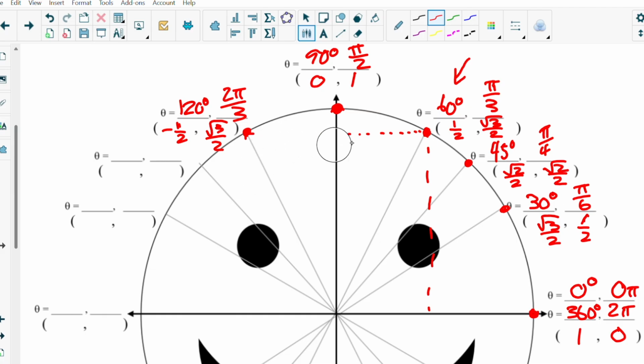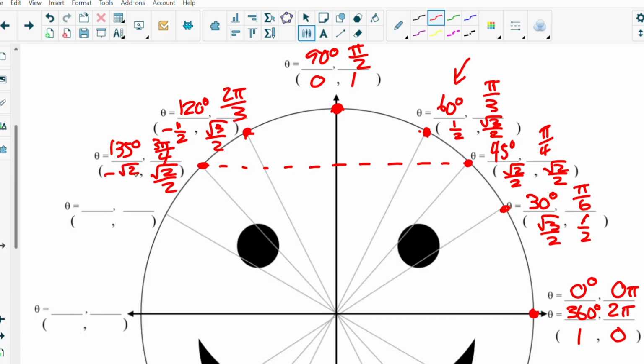Use the same sort of logic we did here to build the rest of this unit circle. So I start here. Well, that matches there. This is 135 degrees, or 3 pi over 4. And I have the same y value, square root of 2 over 2.